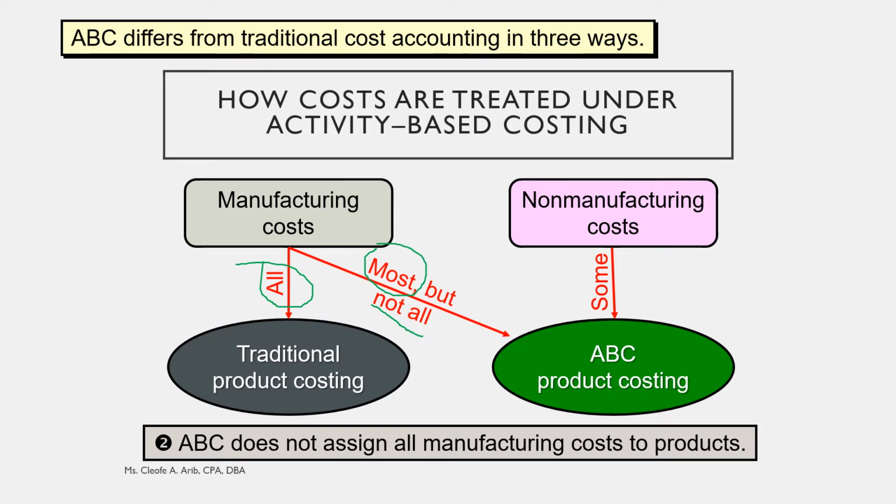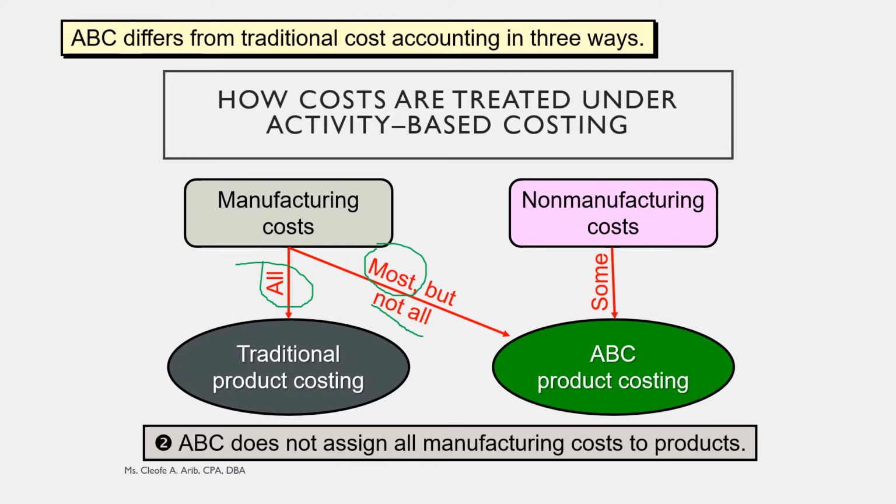So, if yun yung nature ng inyong manufacturing overhead, either organization sustaining costs or unused capacity, under ABC product costing, hindi sila nire-recognize as part of the product cost. So, ma'am, anong example ng organization sustaining cost?